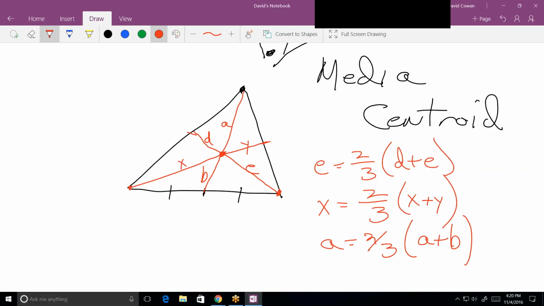In other words, if I could take that shape and put a pencil on the red center and orient it, trying to balance the triangle on top of the pencil, that's where you would try to balance it, is in the centroid of paper.